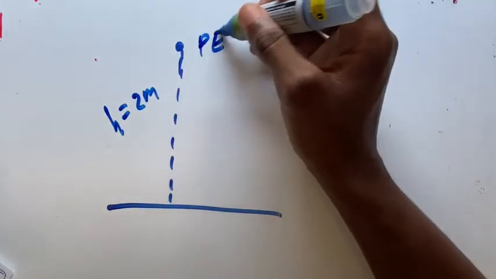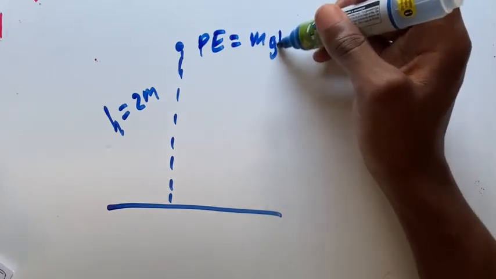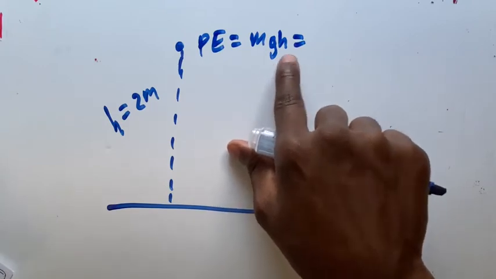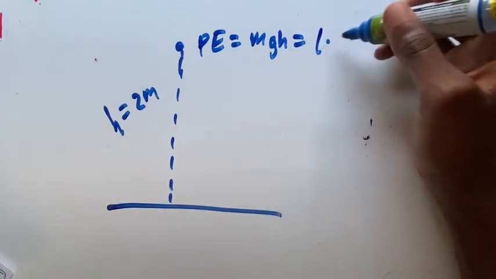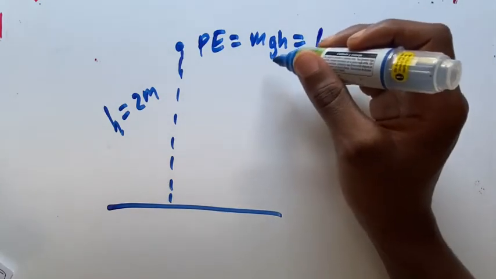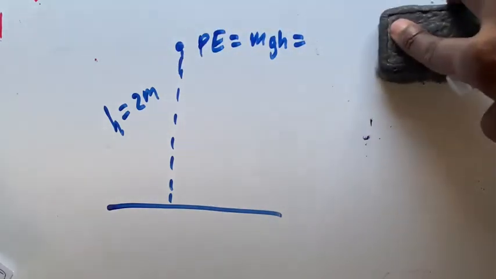So the potential energy is going to be mass times g times height, right? So the mass is 1, g is 10, and that's 2. So 1 times 10 times 2. So the potential energy is going to be given as 20 joules.